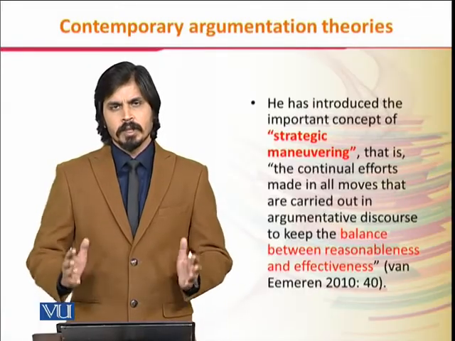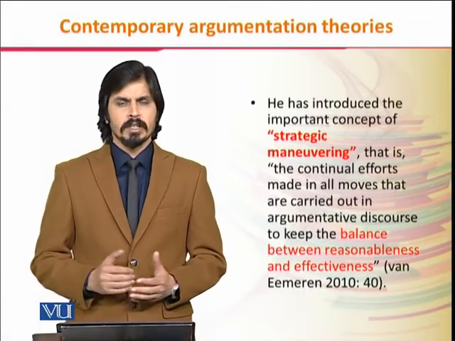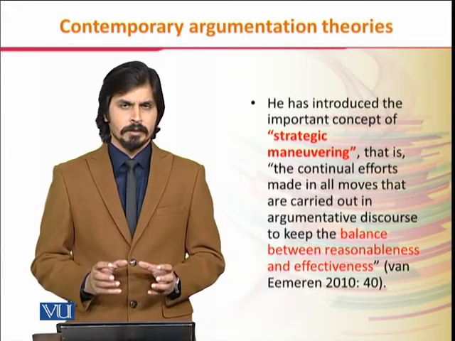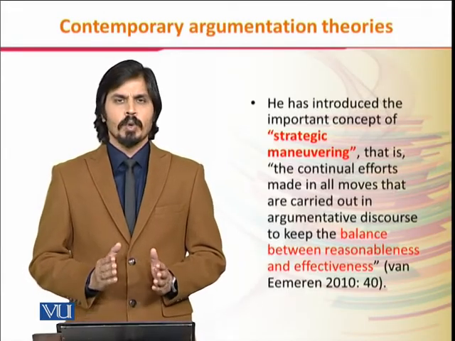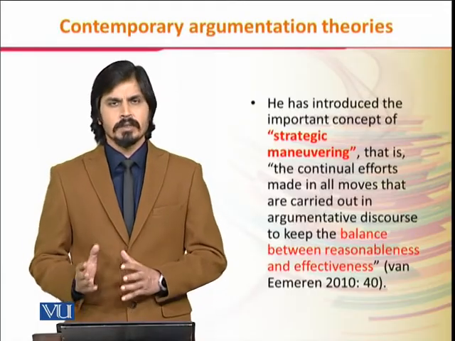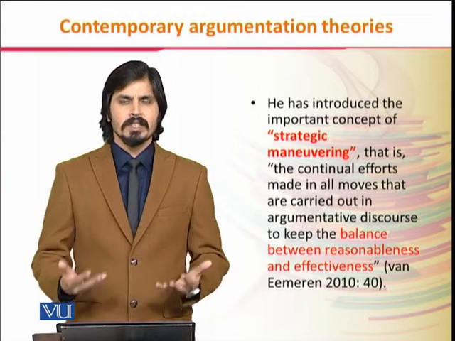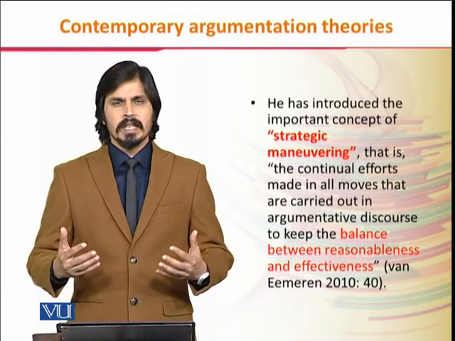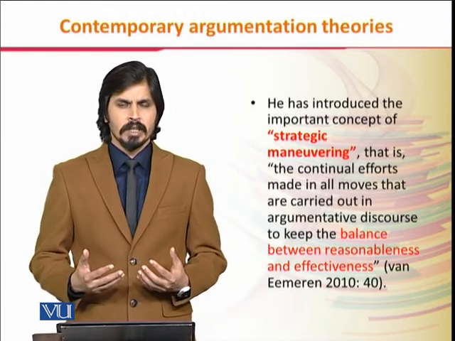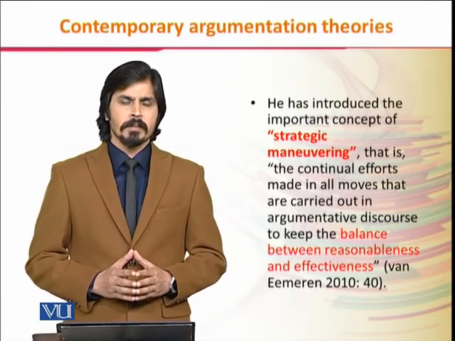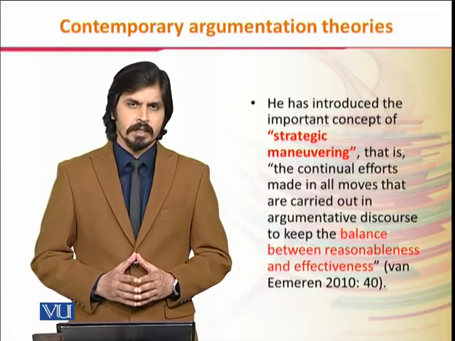Whenever we are working with some kind of argumentation theory, we need to find some kind of balance between reasonableness and effectiveness. What is reasonable, is that effective or not? And something which is effective, is that reasonable or not? In an ideal argumentation theory, I think there should clearly be a balance between reasonableness and effectiveness.